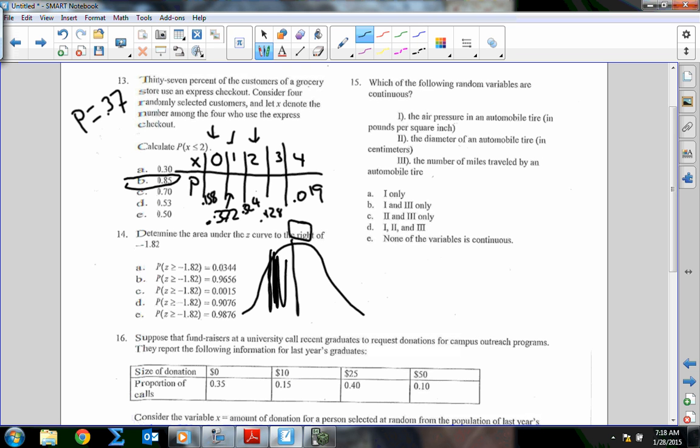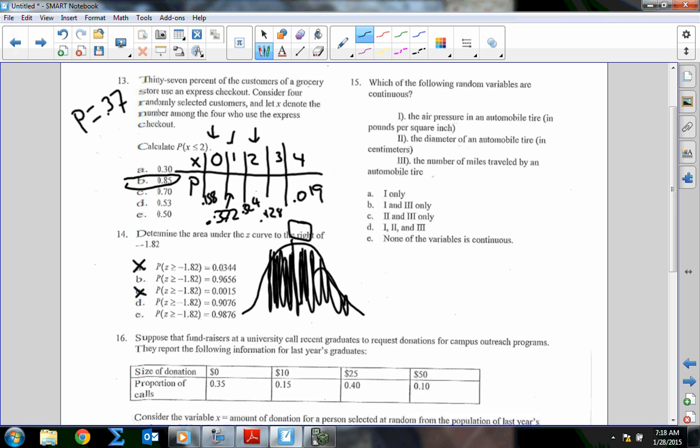So this is the area I'm looking for. Let's pretend that I had no idea how to do it on my calculator, or how to look it up in the table. If nothing else, I've eliminated that, and I've eliminated that, because my area has to be bigger than 0.5.